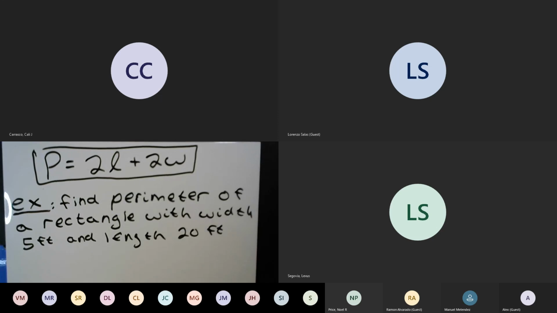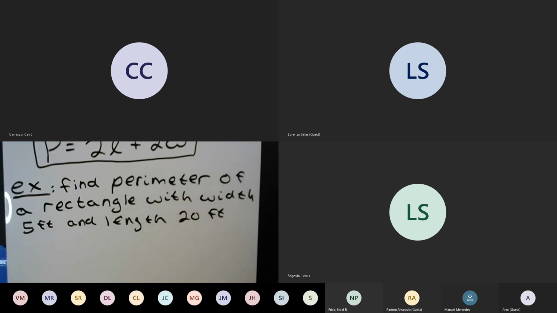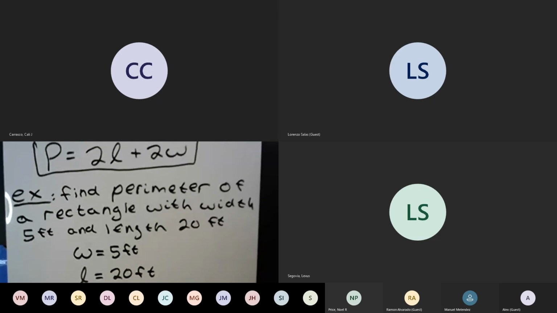We'll get into story problems more later, but we're told that the width is 5 feet and the length is 20 feet. So we'll go back to our formula.